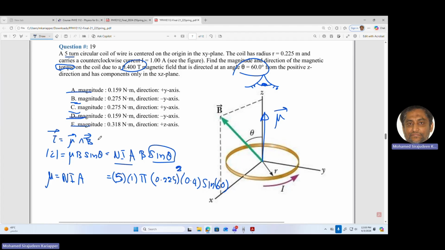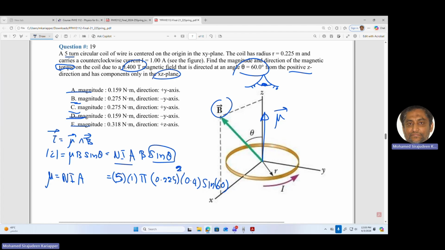Direction, right. Mu cross B. B and mu are in the ZX plane, because in the question, the magnetic field B points at that angle from the positive Z direction and has components only in the XZ plane.